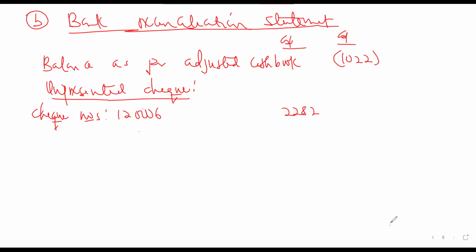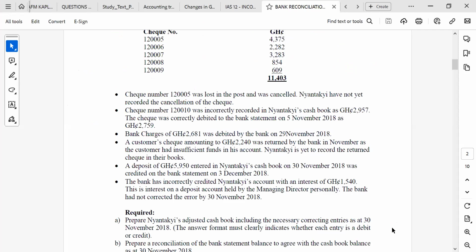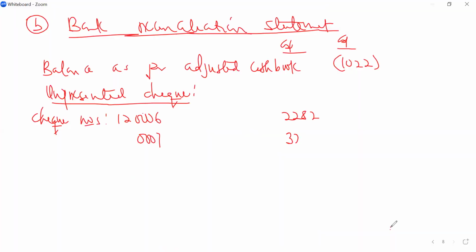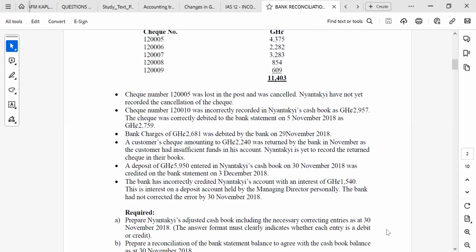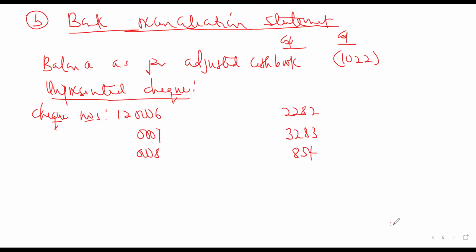Okay, so we have 0007. How much is the amount there? 3283. So let's have 008. What is the amount there? 854. Okay, so we have 0009.